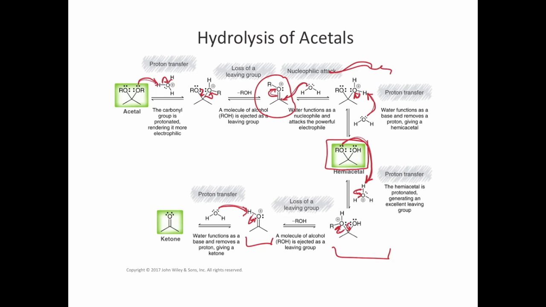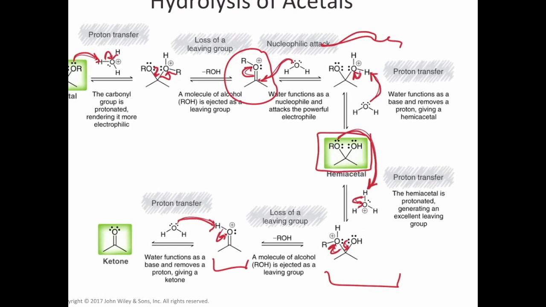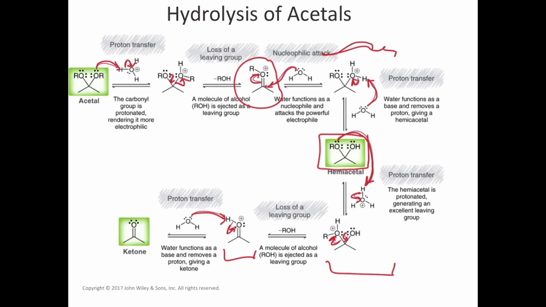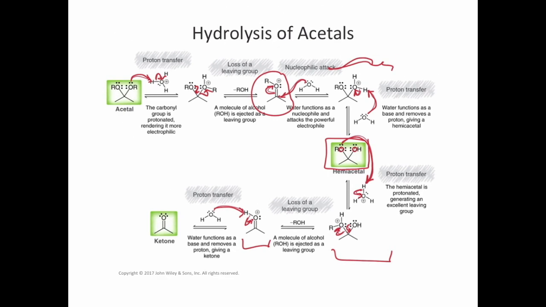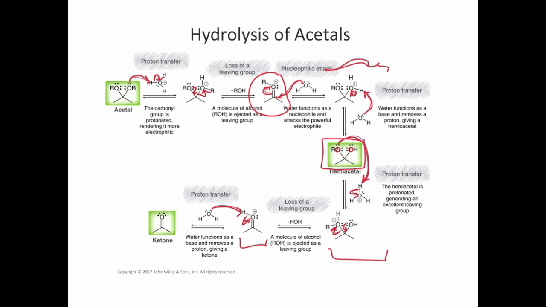And you may ask, well, for example, let's look at this hemiacetal. Why did I protonate this oxygen and not that oxygen? Well, the answer is both are occurring because everything is in equilibrium. But if you protonated the OH oxygen, that would have given you the previous intermediate.